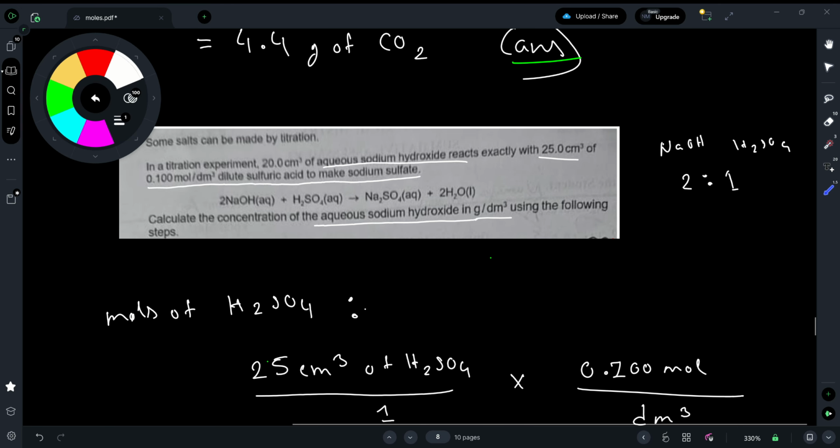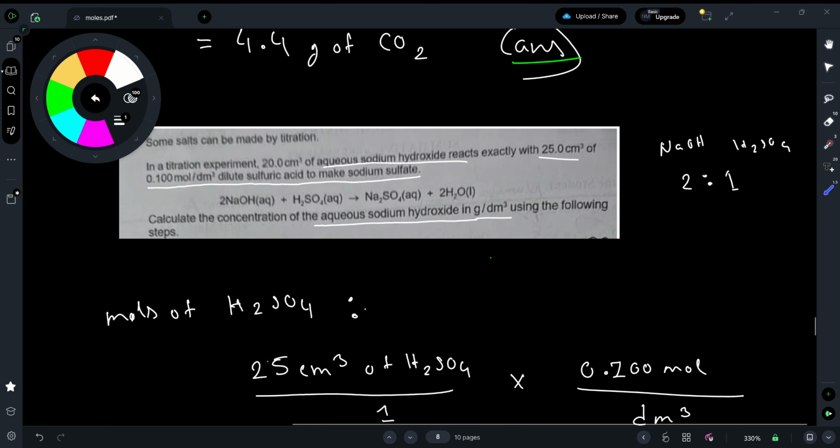Let's just do the bottom first. 20 cm³, if you divide this by 1000, you get the value in dm³. And for the mass in grams of NaOH, you multiply by the molar mass. It's actually better if we don't do a fraction here.